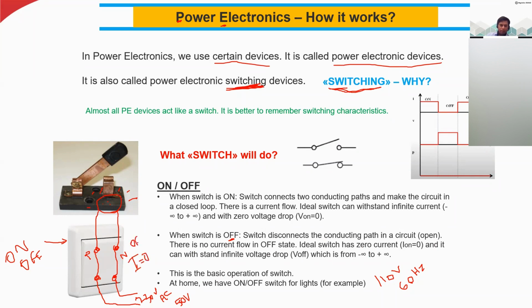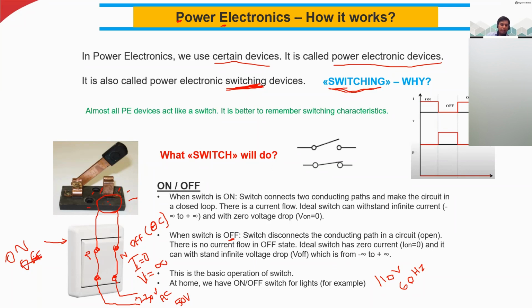This is for the off state, open circuit, OC. The voltage drop can be any amount. Even though the voltage is whatever, the switch will not break. It can withstand the voltage to infinity. Okay, so this is for the off state.